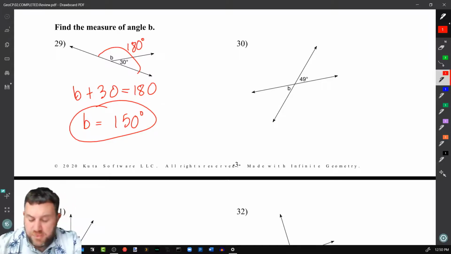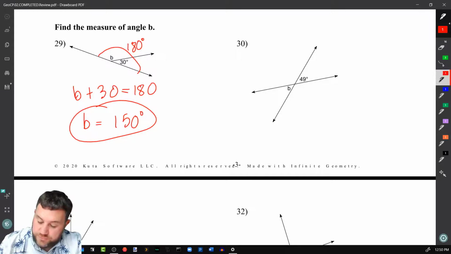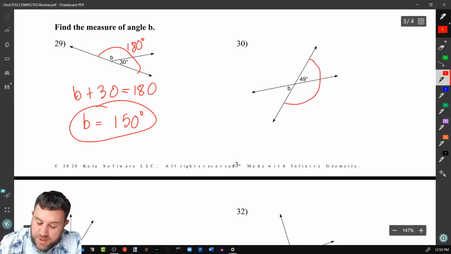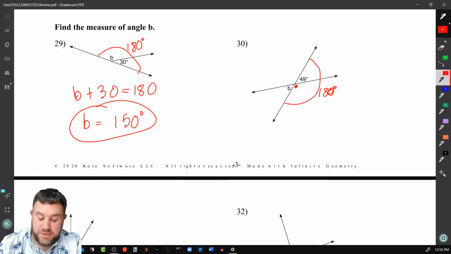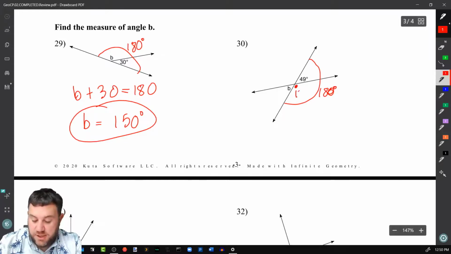For number 30, we have not yet talked about this the easy way. But we know that this whole thing is 180 degrees. So we could find this angle the same way we did number 29 by doing 180 minus 49. That would give us 131 degrees.